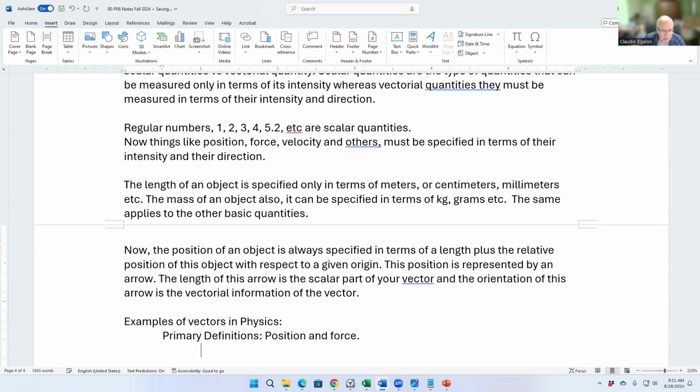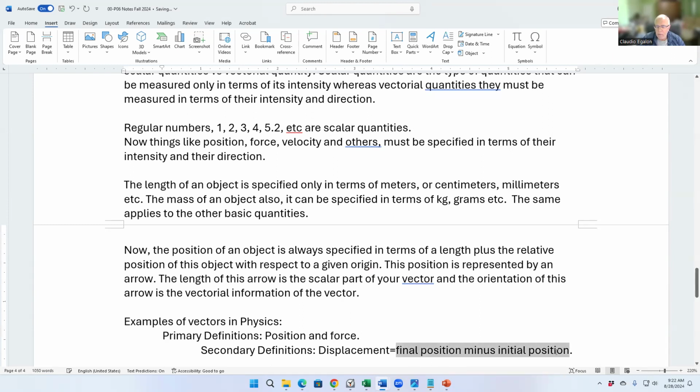And then you also have the secondary definition that we're going to cover very soon. Displacement is a secondary definition. Displacement is final position minus initial position. Since position is a vector, when you subtract one from the other, you still get a vector.